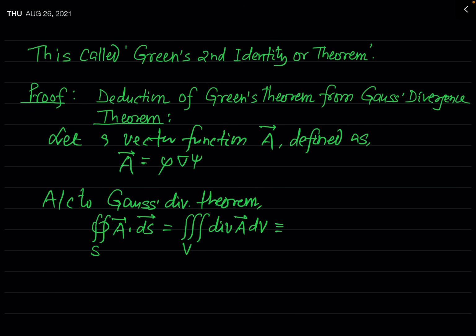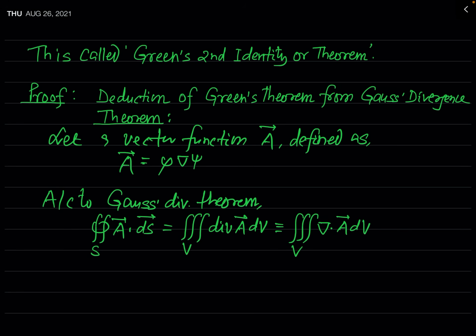Or you may equivalently write it as the integral over V of del dot A dV. Del dot A means divergence of A.